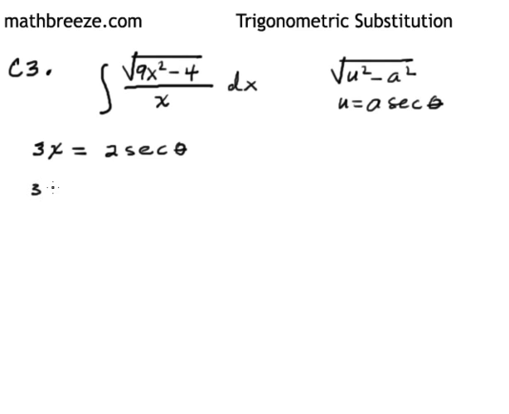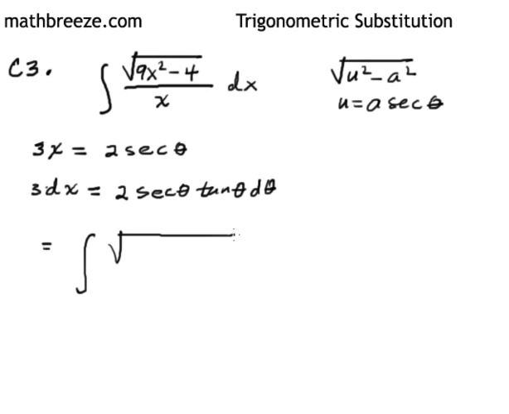Okay, so we have 3 times dx is equal to 2 secant theta tangent theta d theta. All right, so let's do our substitution. Under the square root we have 9x squared, so we'll square this side. So we have 4 secant squared theta minus 4.